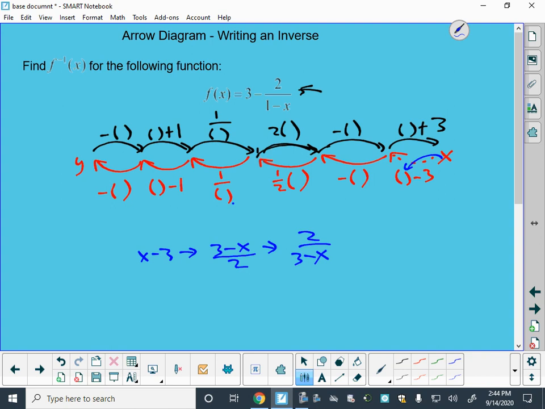And then subtract 1 from that. And then change the sign on all of that. So I'll change the sign on all of it, distribute that through there, and flip them around so I'm not leading with a negative, and it becomes 1 minus 2 over 3 minus x. This is my inverse.